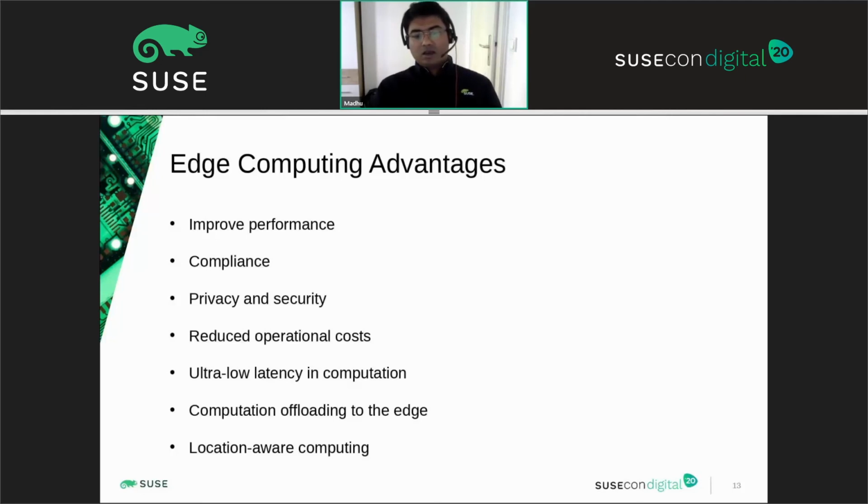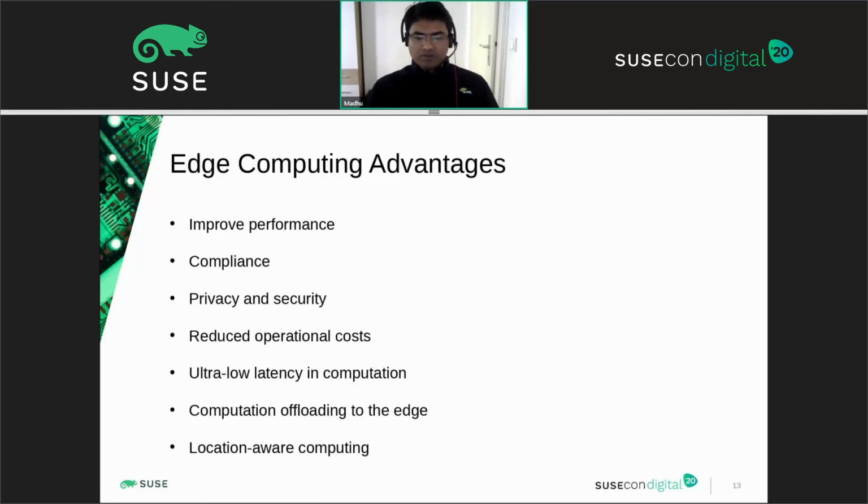Therefore, we can reduce the risk of hacking when the data is being transmitted to the cloud. And reduced operational costs, of course, because you are thinking of replacing low-cost edge devices rather than huge servers that are typical of data centers.